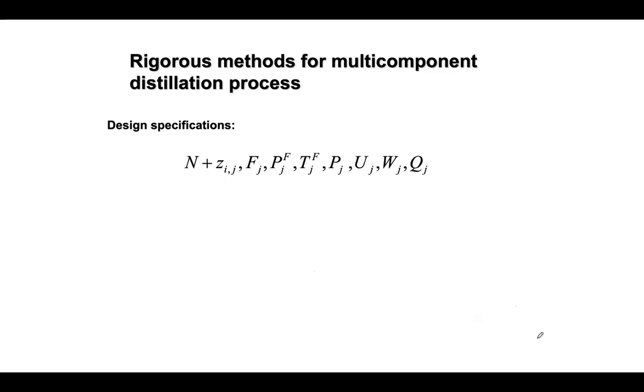Okay, so the design specification, now we have this one, and also Z, the number of components multiplied with the composition of Z. We also know Fj, the pressure, the temperature of the feed, P, U, W, and also Q. Then we still have the remaining unknowns.